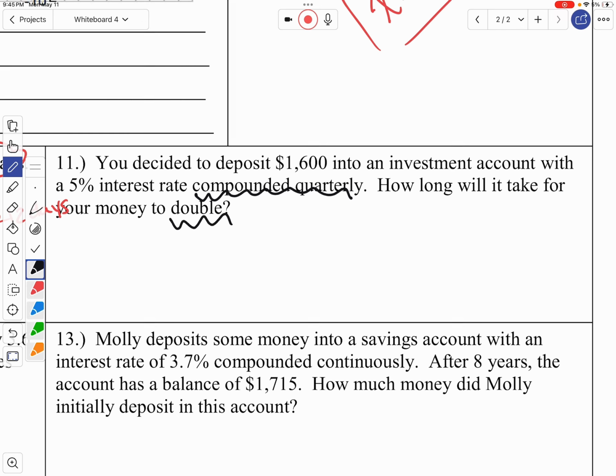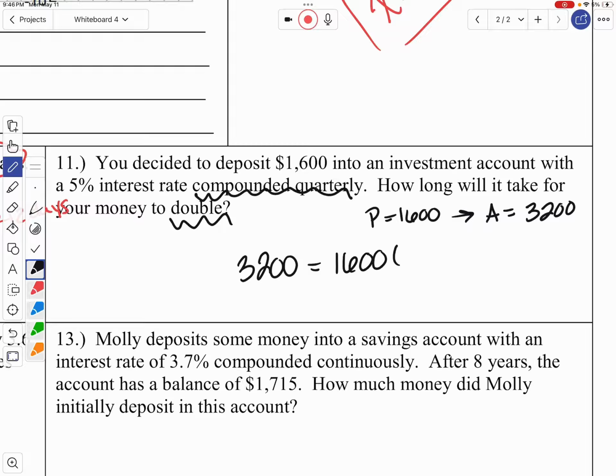So if you started with $1,600, we want the final amount to be $3,200. So we want $3,200. We're going to start off with $1,600. It says it's compounded quarterly at 5%.